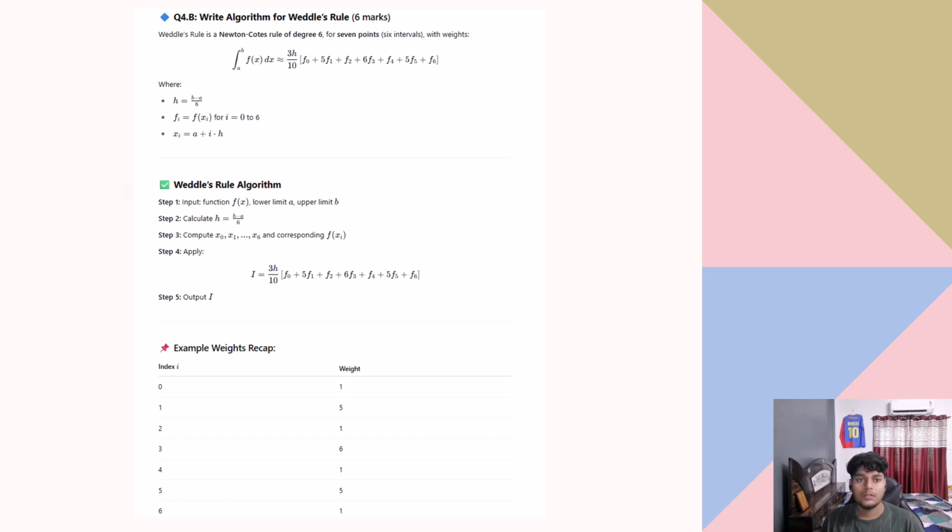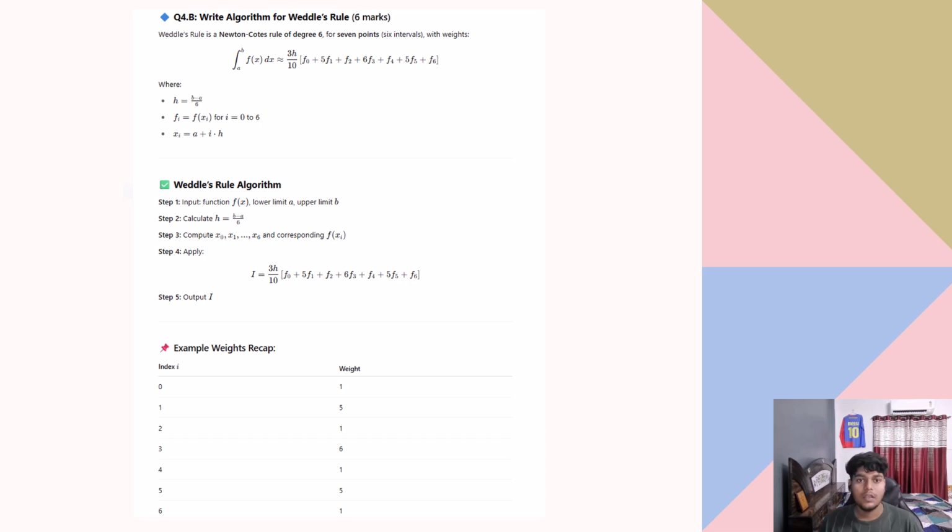Now coming to the second part, the algorithm for Weddle's rule. The algorithm takes 7 points xi, f(xi), computes h equals (x6 minus x0) divided by 6 and applies the formula above. It checks that the number of points is exactly 7 and assumes equal spacing. As you can see, we have written the algorithm for Weddle's rule here.